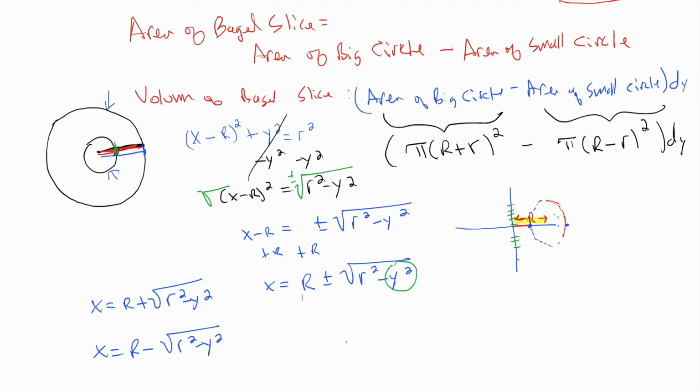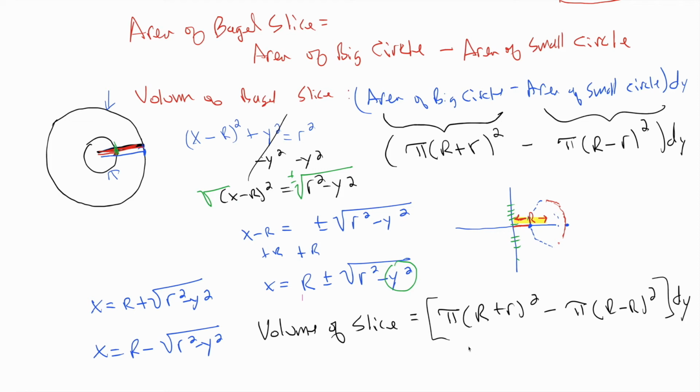So for here we have volume of slice, just one slice, equals pi big R squared minus. No, this is supposed to be the radius, right? So we're going to do the big radius. So instead of big R plus just regular r, we're going to do big R, which is right here, plus the dynamically changing r around the path of the circle.